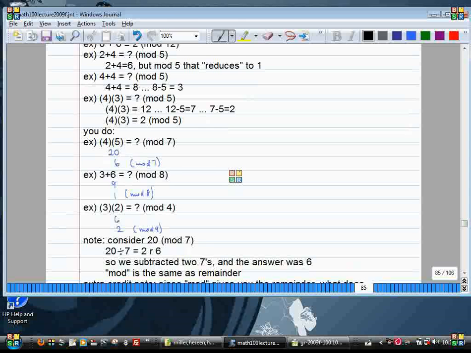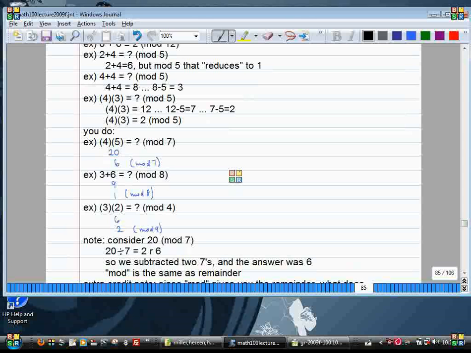Now something else, thinking about remainders and thinking about how we count in mod arithmetic, what does this remind you of that we've already covered this semester? Well, for example, in mod 5 we count 0, 1, 2, 3, 4, and then we go back to 0, 1, 2, 3, 4.